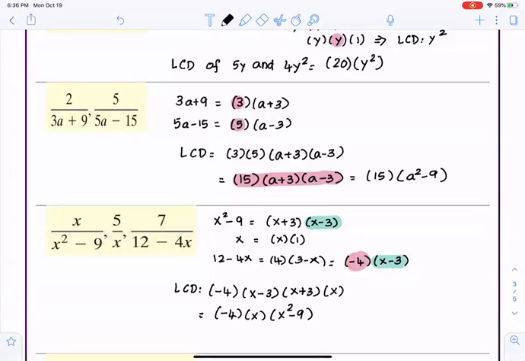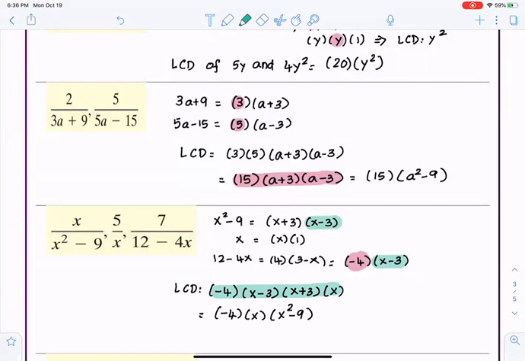Now, in a problem like this, if they're asking for the LCD, the way to write the answer would be negative 4x times x squared minus 9. But if you're trying to add polynomials and rational functions, it is best to keep it in this factored form so that you can see if you can get rid of terms by simplification and by cancelling terms in the numerator and denominator.